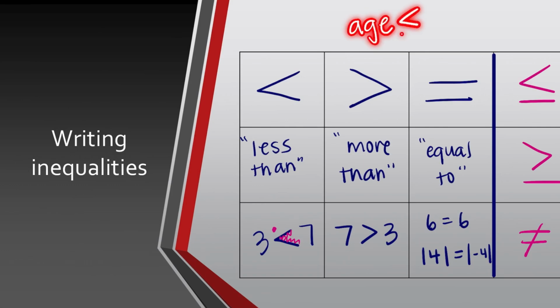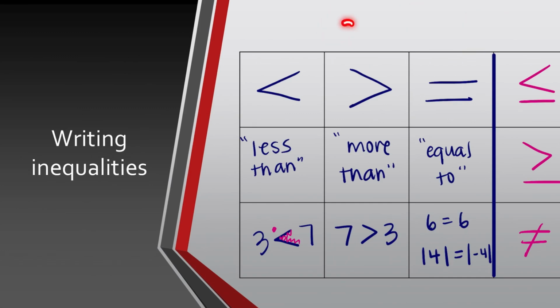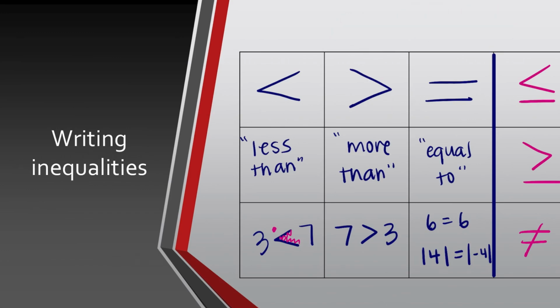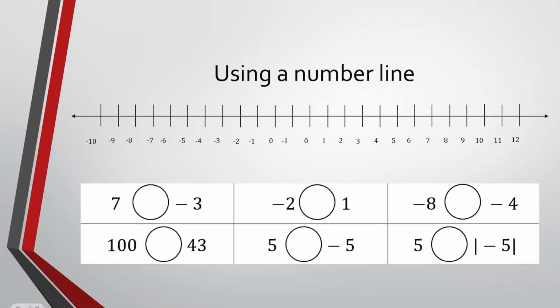It would mean that the age has to be less than or equal to 2 years old. This can be anything, including 2. But if it says age has to be less than 2 years old, that means that if you're 2, you're not included. So that's the difference. This one doesn't include the number and this one does because it has the possibility of being equal to. If you're lost on that, don't worry about it right now. We're really just focusing on these 3 in this video.